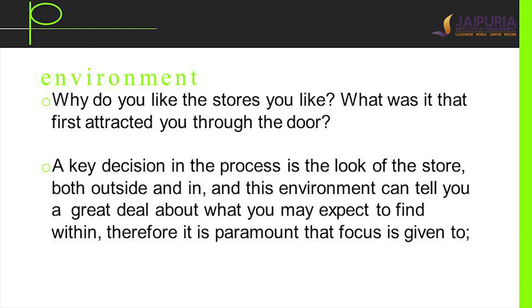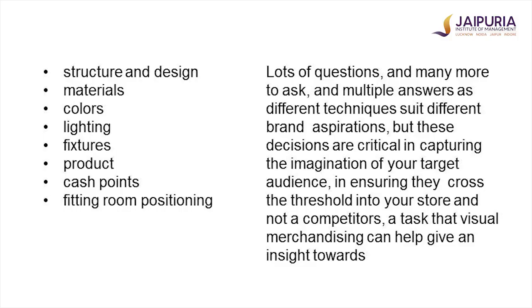A key decision is looking both from the outside in, and this environment creates a great deal of expectation, and therefore it is of paramount importance. Examples include structures and designs, materials, colors, lighting, fixtures, product, cash points, and fitting room positioning. These are the elements that ultimately design the store environment.